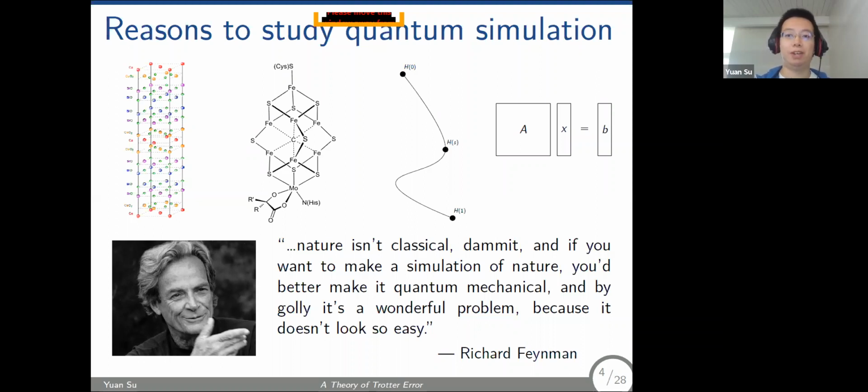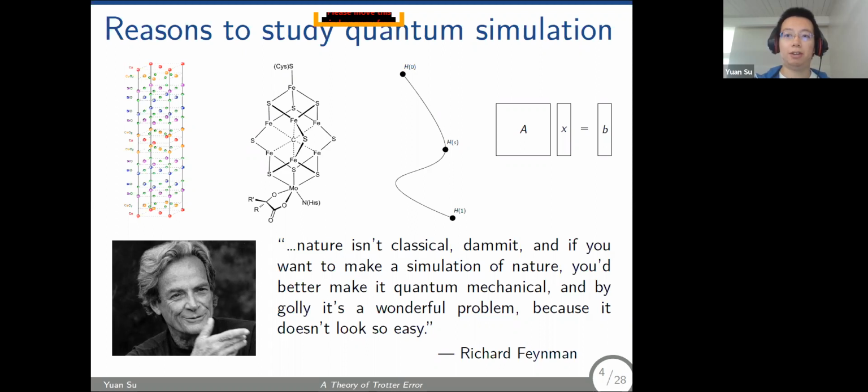For example, if you have an adiabatic evolution, you can try to implement this evolution on a quantum computer using ideas of quantum simulation. There are also applications to designing other quantum algorithms. For example, there are famous quantum algorithms for solving linear equations, and some of these methods also involve quantum simulation as a subroutine.